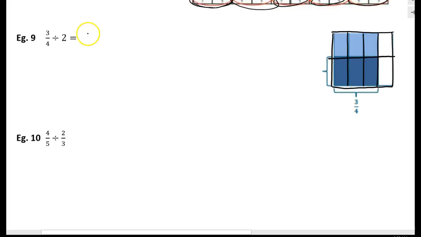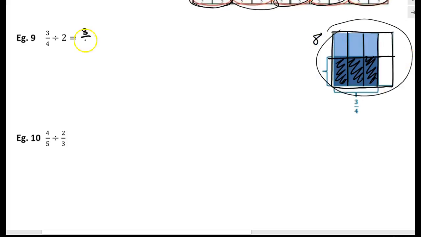And the correct answer is I'm dealing with just one set of those. And so I'm dealing with 3, but now instead of dealing with just 3/4, I have 8 whole pieces here. So it's 3/8. So that's another way of thinking about it.